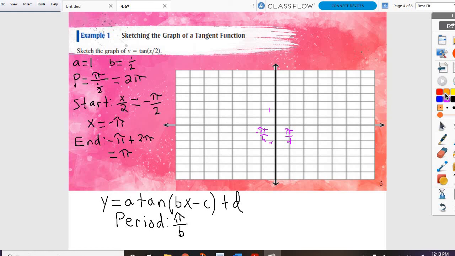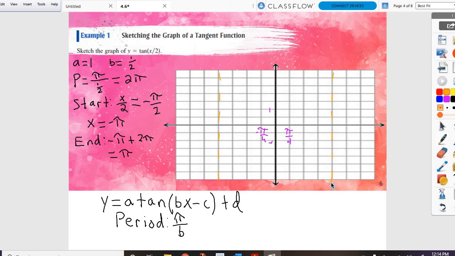That would be negative 4 pi over 4, negative pi. So I have an asymptote here, and then we also have an asymptote at pi, because that's where we're going to end. So 1, 2, 3, 4 pi over 4 gives us pi. Okay, so we know we start and we end at an asymptote.